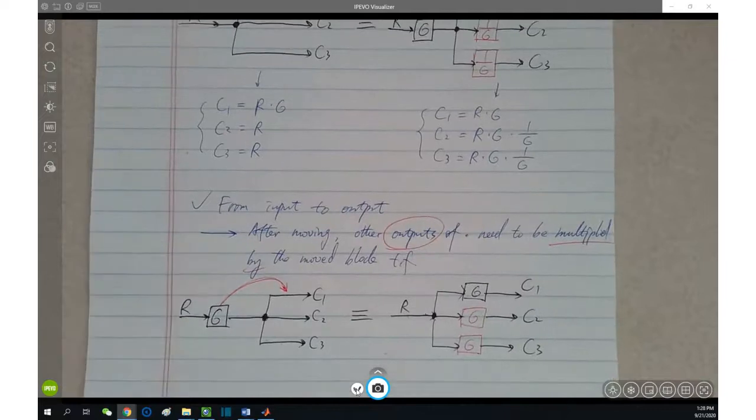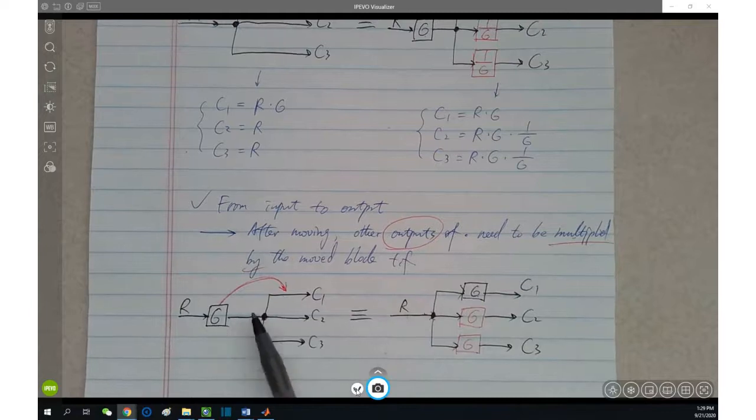By the black and the red, different color coded, you can tell the black one is where you moved the original G over here. The red two G's are indicating what? They are the other outputs multiplied by the transfer function G. Okay. So be very careful where you moved, because from here to here, you probably cannot tell.